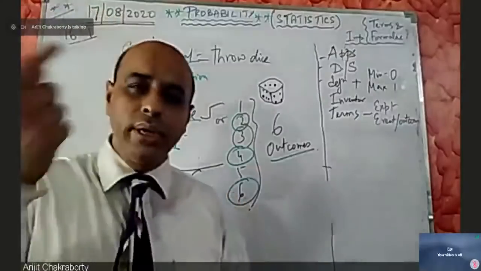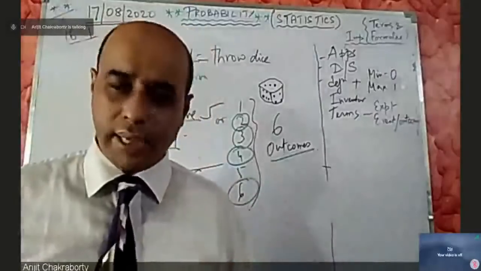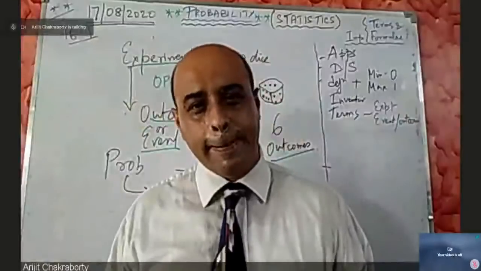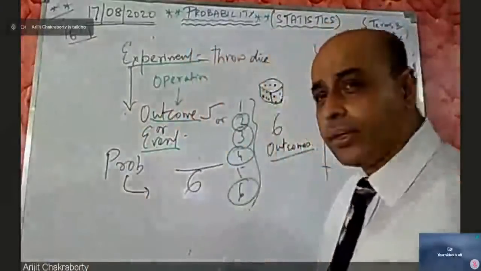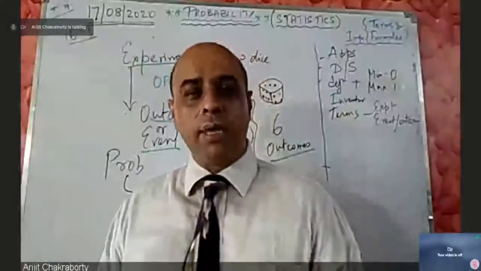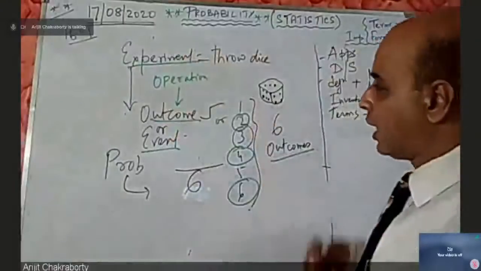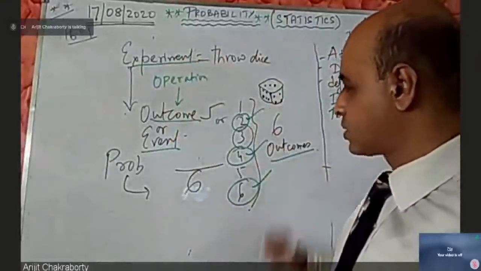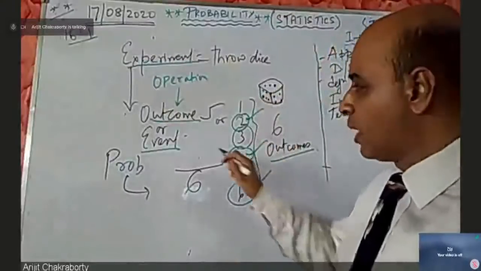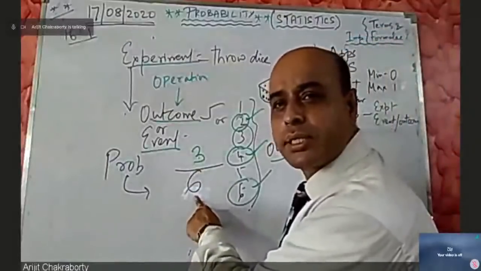When I'm just throwing a dice, the chance of getting 3 is 1 by 6. The chance of getting 1 is 1 by 6. But when the number should be a multiple of 2, then out of the possible outcomes, I have 2, 4 and 6. That means out of 6 outcomes, I have 3. So my favorable outcome is 3 and my possible outcome is 6.